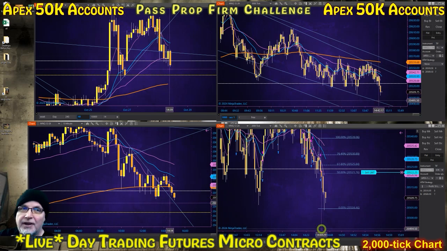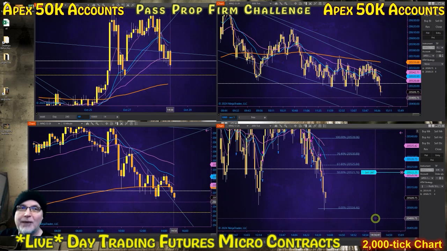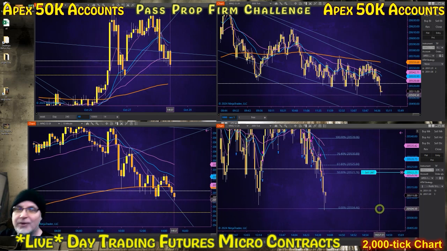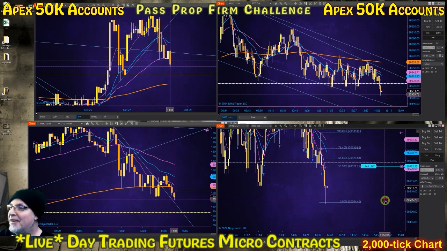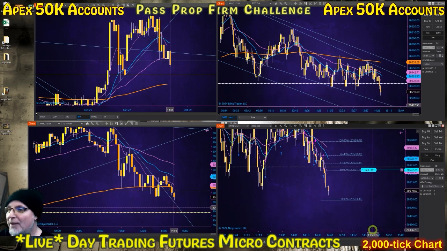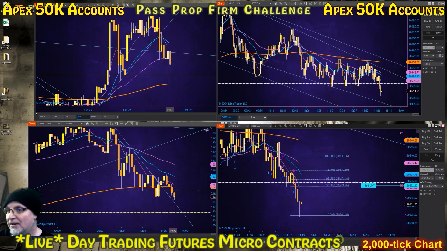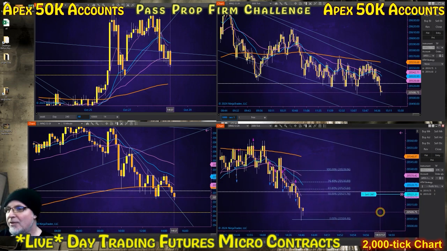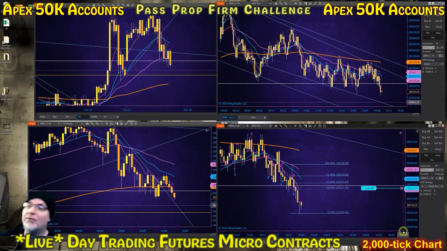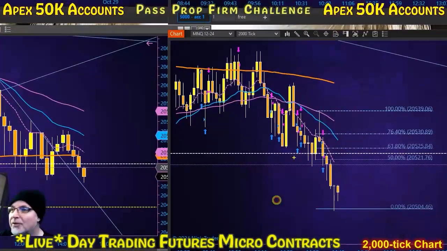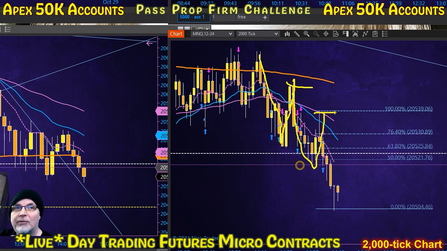Okay, this strategy is actually helping me to be able to switch sides a whole lot easier than my other strategy. Trendline break with Fibonacci, because you can see the 50% pullback area after a trendline is broken. So if I'm going to do that, like this drop right here, for instance, on the MNQ micros, that was about a 50% pullback right there.